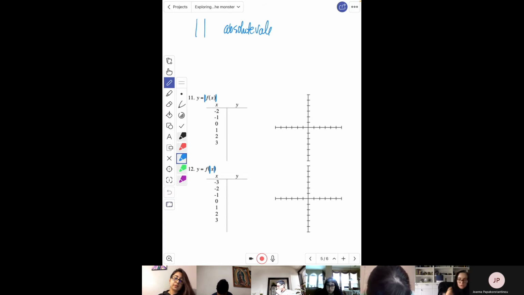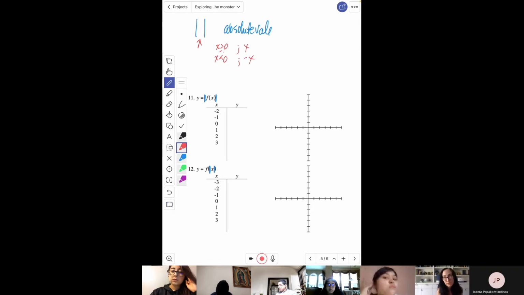And we know for the absolute value function, if the input is positive or equal to 0, we keep it. If the input is negative, then we take the opposite. So in essence, the end result of taking the absolute value of a number is always positive, right?